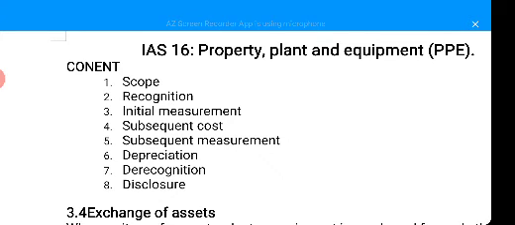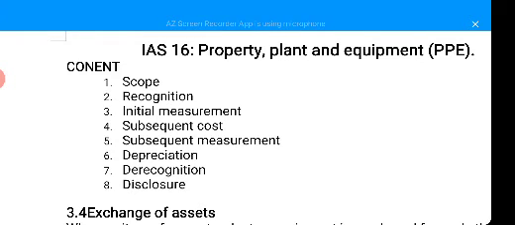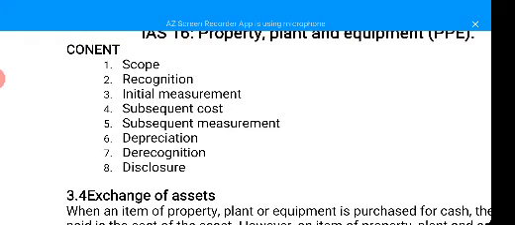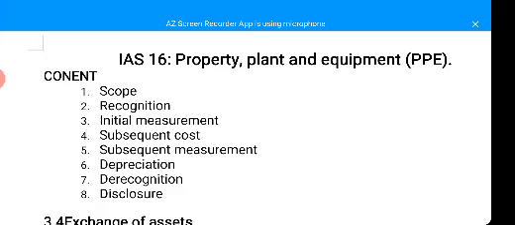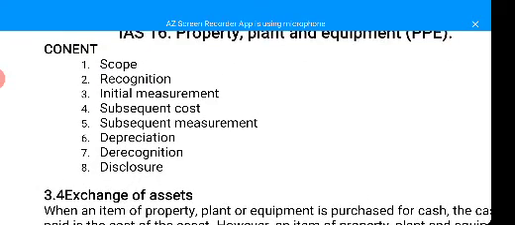It does not cover any asset or treatment that is covered by another standard. So the scope of this standard is that this standard does not cover inventory.